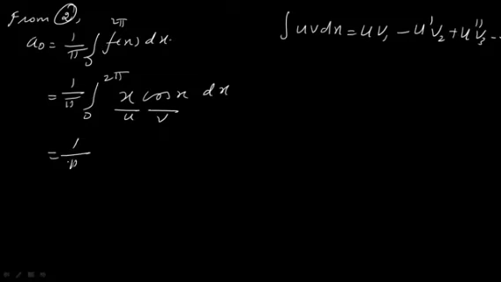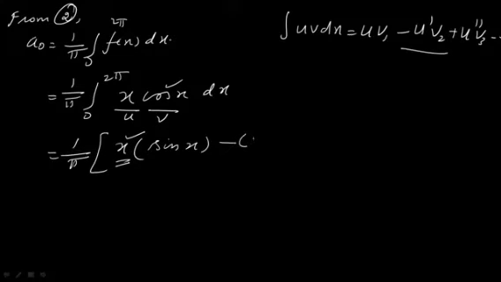While integrating, you get 1 by pi, u is nothing but x, and v1, integrating cos x, you get sin x. Next, minus u dash v2: differentiating x you get 1, and this is your v1, integrating sin x you get minus cos x.